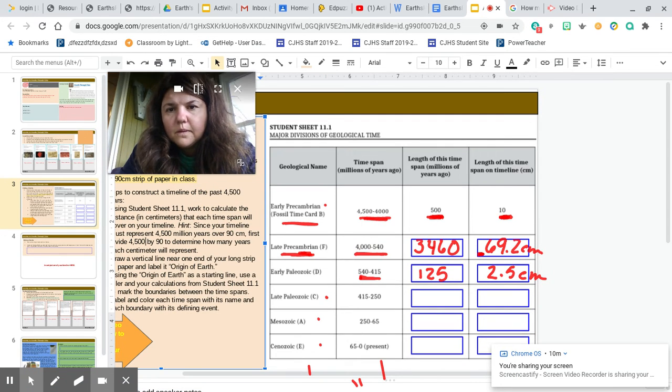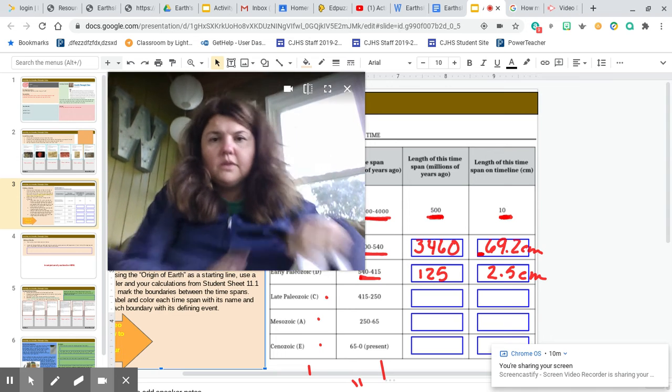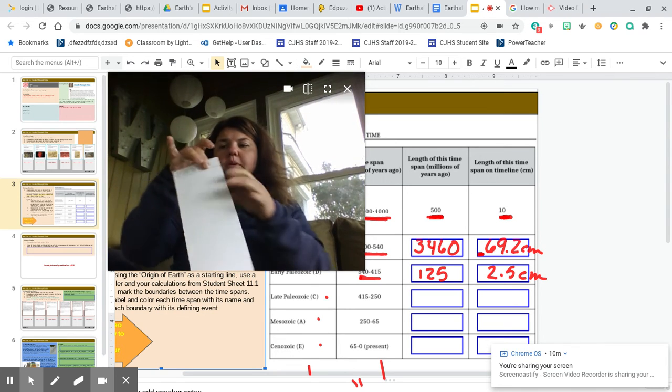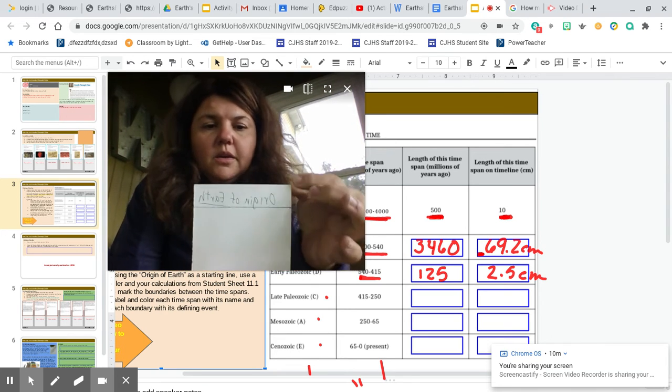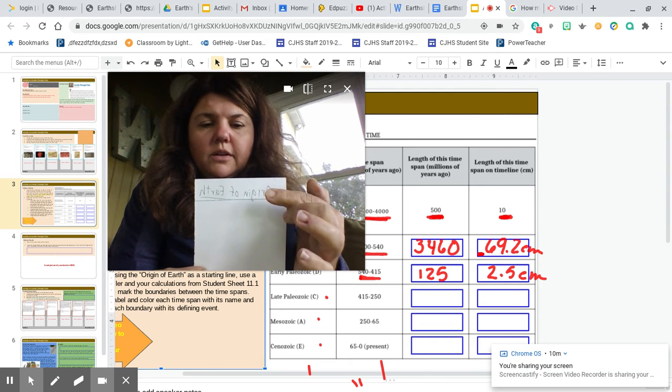Okay, so here we have our strip, and step B said to go ahead and draw a line at the end and label it origins of Earth. So I used my ruler as a straight edge just to draw it on there.